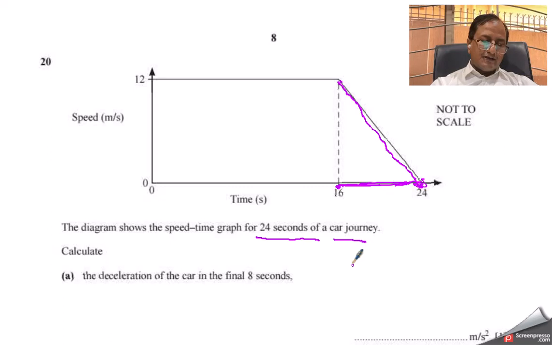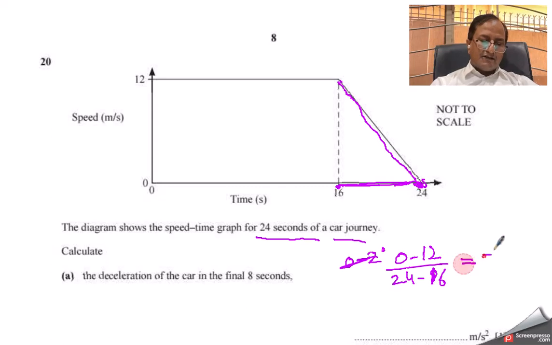Deceleration is the final velocity minus the initial velocity. The final velocity is 0 and the initial is 12, so 0 minus 12 over the time difference, 24 minus 16.